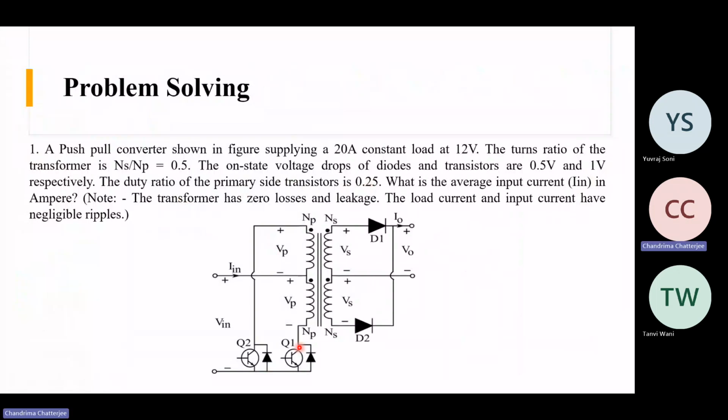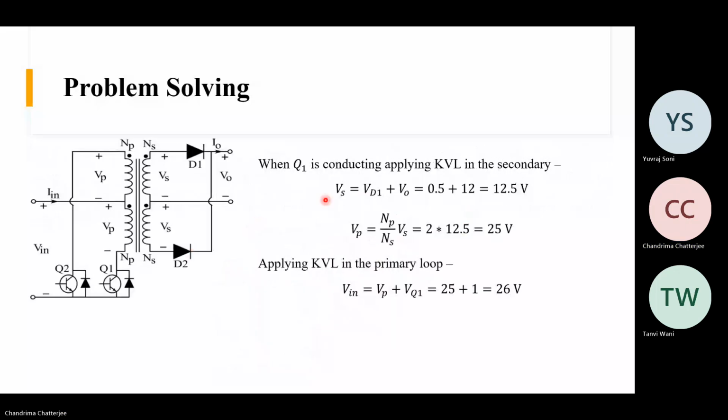What is the input current? And they have also said that you can ignore the transformer. The transformer has zero losses and leakage and negligible ripple in the load current. So you can assume a constant load current and also constant input current. So first, how we will proceed is first we shall have to find the input voltage, right?